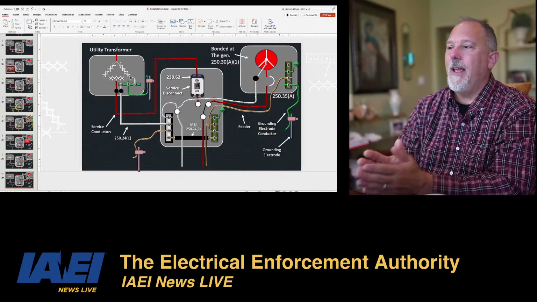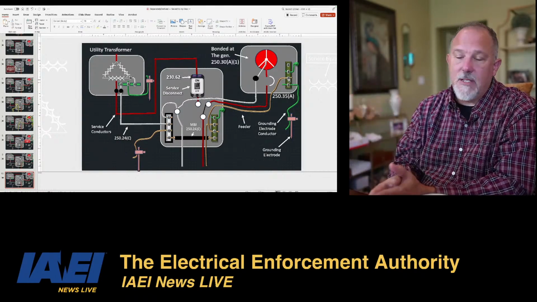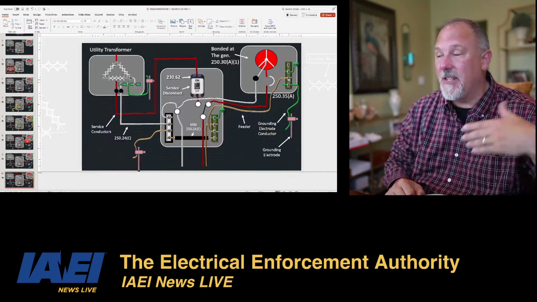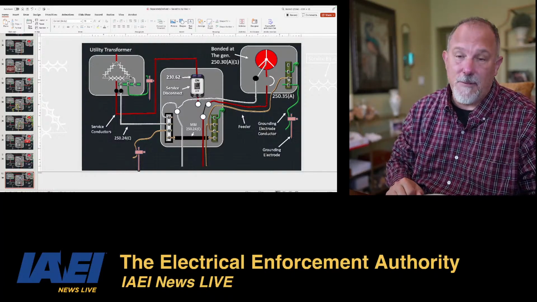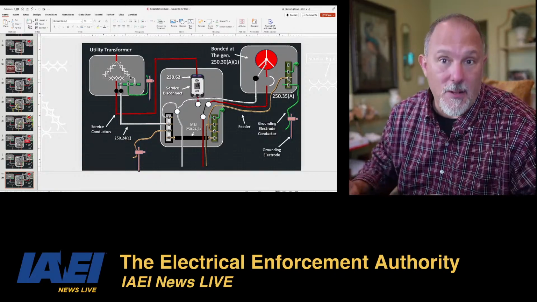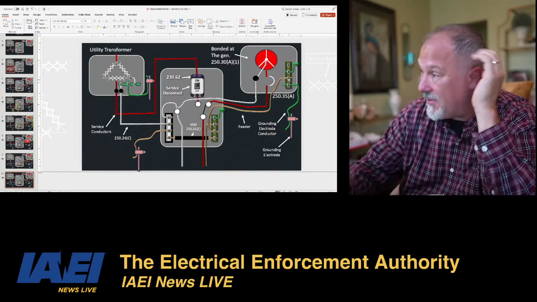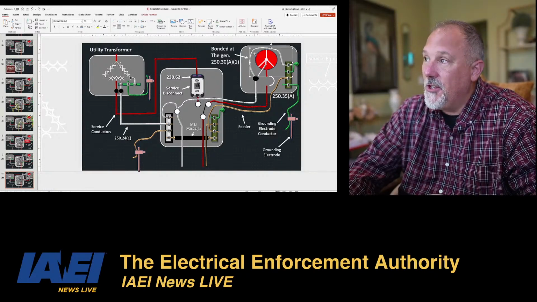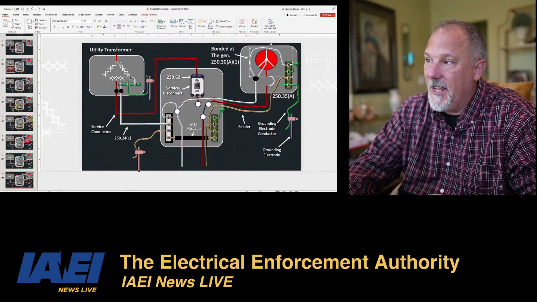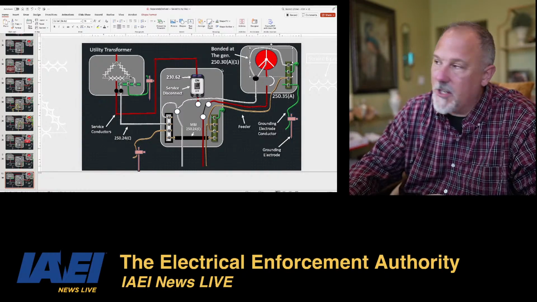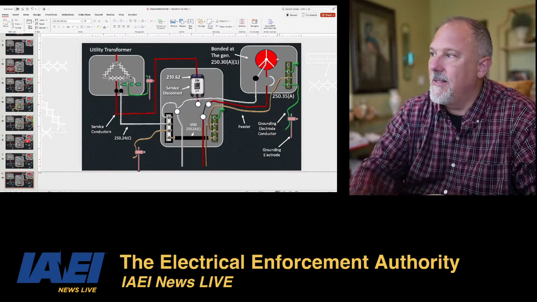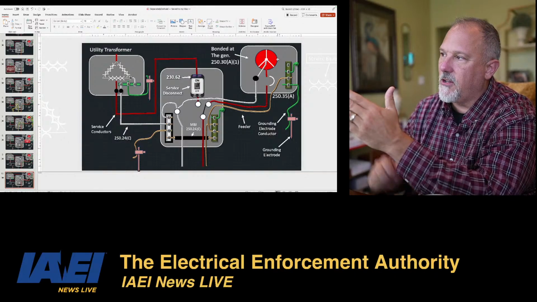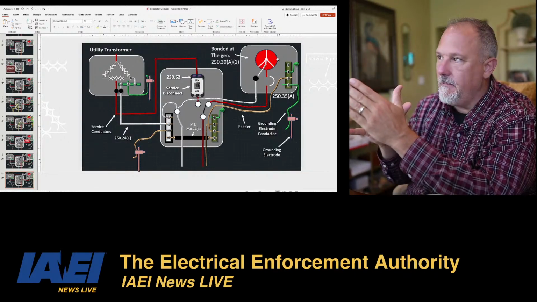So if you bought a 3-pole transfer switch in this case, and you're the inspector, or you're looking at it from an inspection perspective, or you're the design engineer, or you're the installer, and say you set the generator and you see this bond, and you know you only have a 3-pole transfer switch, all you got to do is delete that bond in the generator. That separates the neutral conductor from the equipment grounding and bonding.